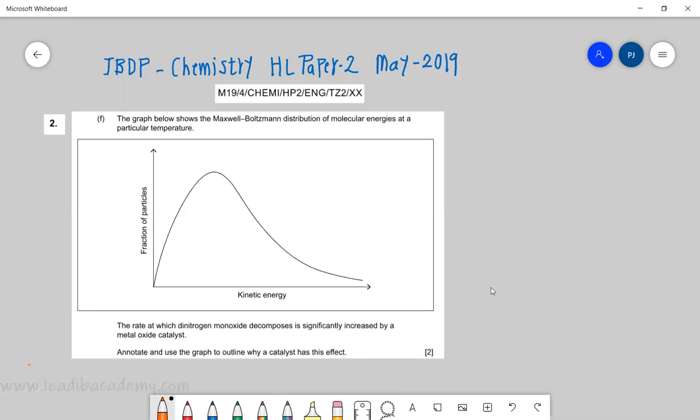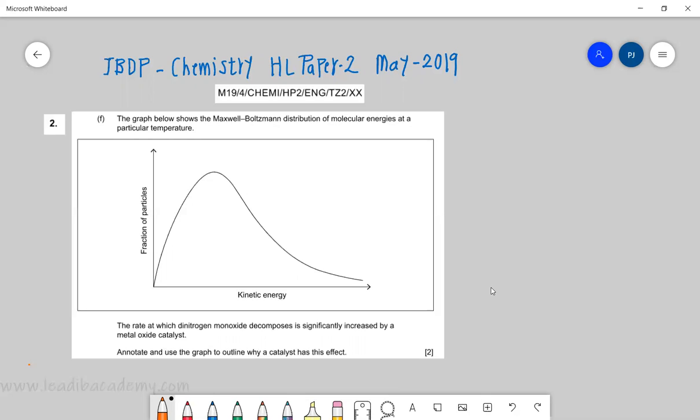To have a successful collision, the molecules need a certain minimum energy, and that is what we call activation energy. This distribution indicates how that energy is spread across the molecules.